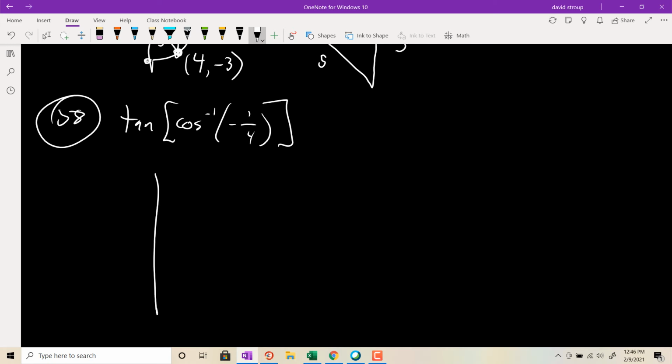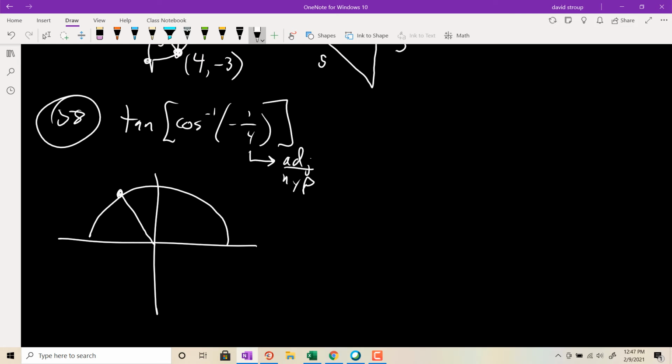So cosine now goes from 0 to pi. The input here is negative, so it's telling you it must be in the second quadrant. And then the cosine, remember, is adjacent over hypotenuse. So let's draw our triangle and figure out the sides. There's our triangle.